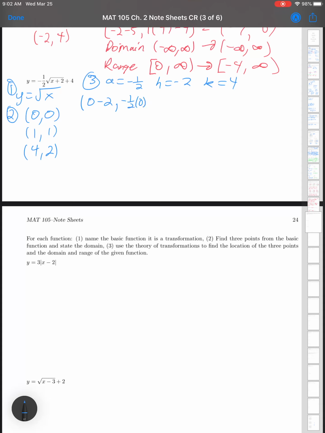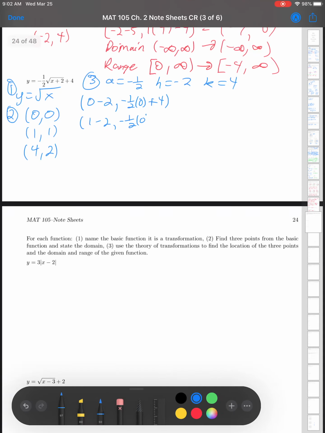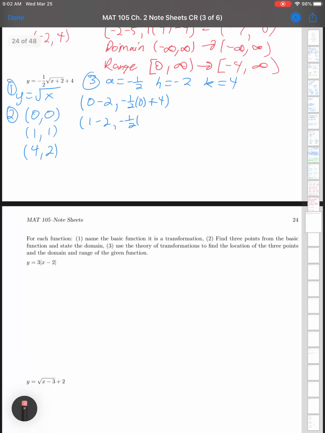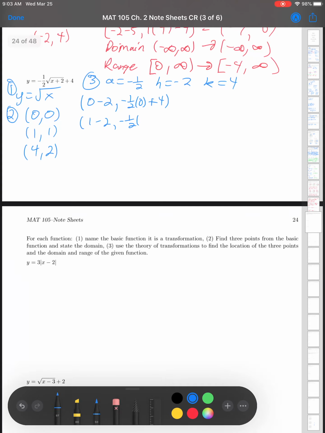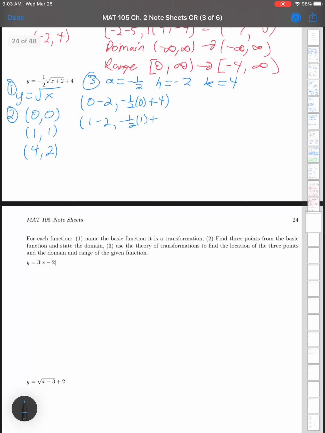And then it's our old y times a plus k, so +4. And then it would be 1 minus 2, comma -1/2 times 1 plus 4, and then our last ordered pair, 4 minus 2, -1/2 times 2 plus 4.